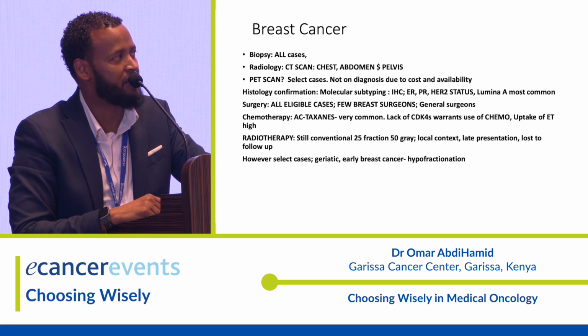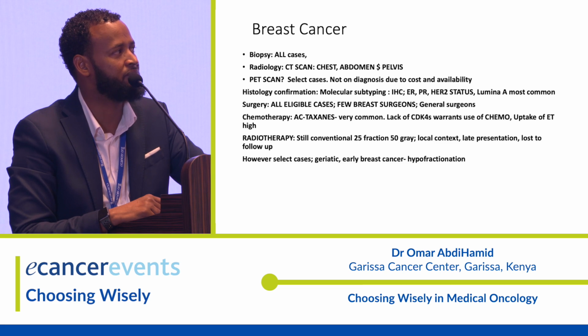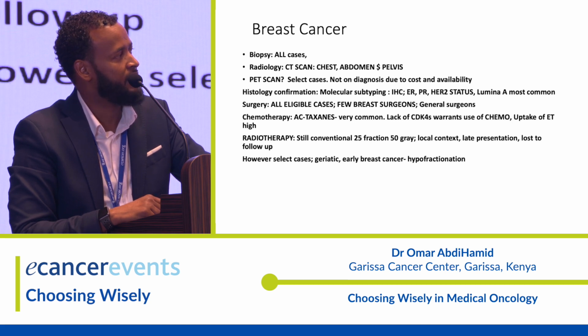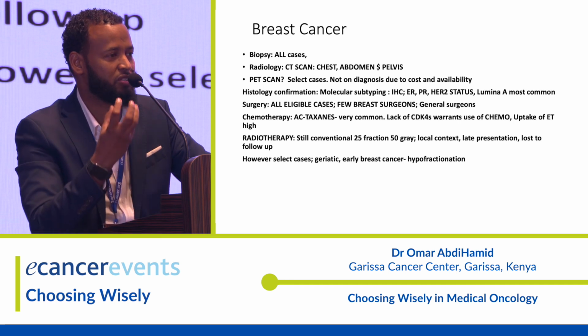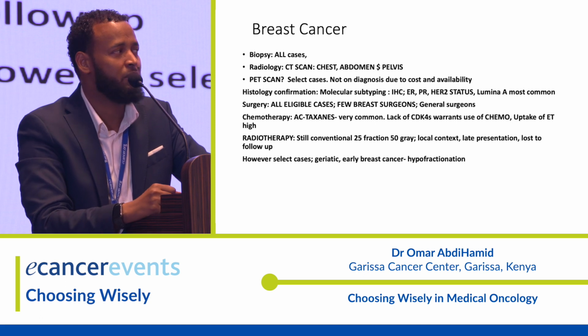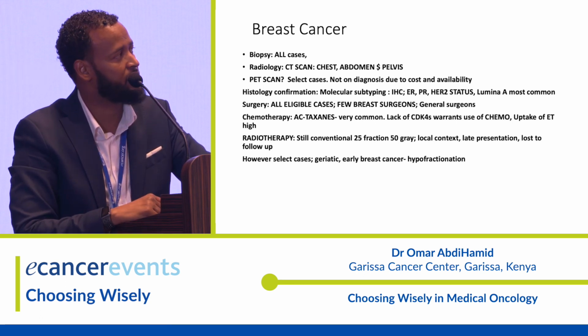Surgery, we have very few breast surgeons, so general surgeons end up doing it. And chemotherapy, we use the common regimen. There are people who talk about conventional radiotherapy and short radiotherapy, as maybe some of you radiation oncologists do, but in that center, we still do conventional radiotherapy.